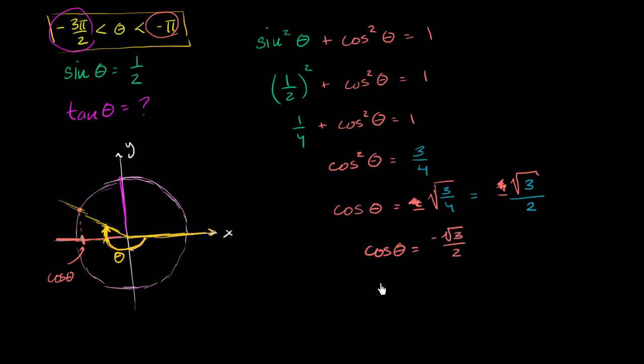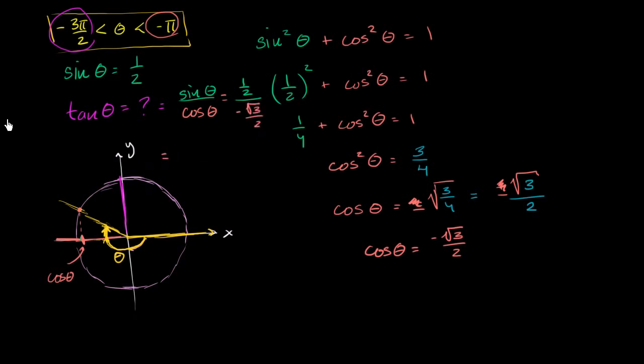So we figured out cosine theta, but we still have to figure out tangent of theta. And we just have to remind ourselves that the tangent of theta is going to be equal to the sine of theta over the cosine of theta. Well, they told us the sine of theta is 1/2, so it's going to be 1/2 over cosine of theta, which is negative square root of 3 over 2.